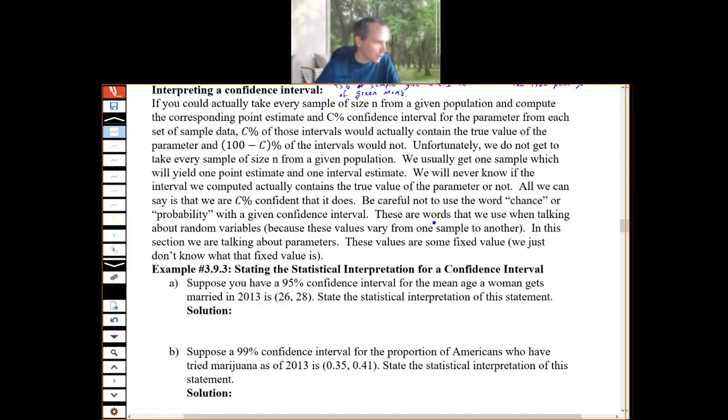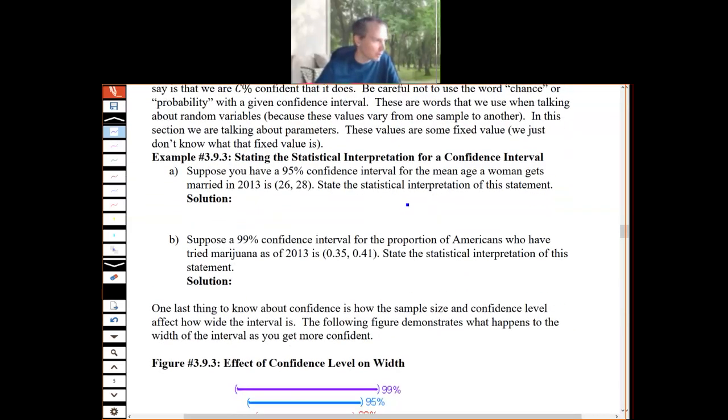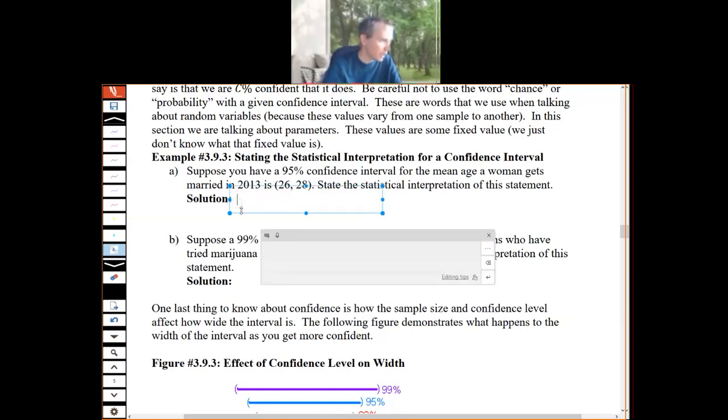Okay, so let's look at another example to hopefully make some of this a little bit more concrete and clear. Let's suppose that I have a 95% confidence interval for the mean or average age a woman gets married in 2013, and that confidence interval is 26 to 28. What does that mean? I'm not computing the confidence interval. I'm given the confidence interval. I just want to say what it means when I have one.